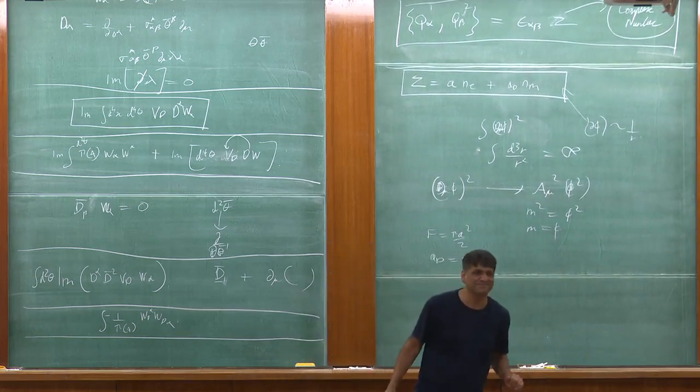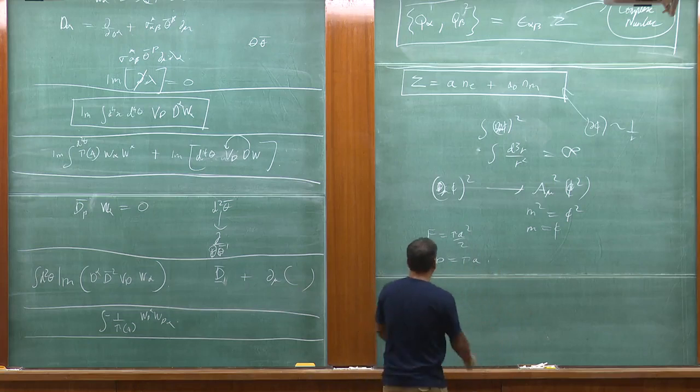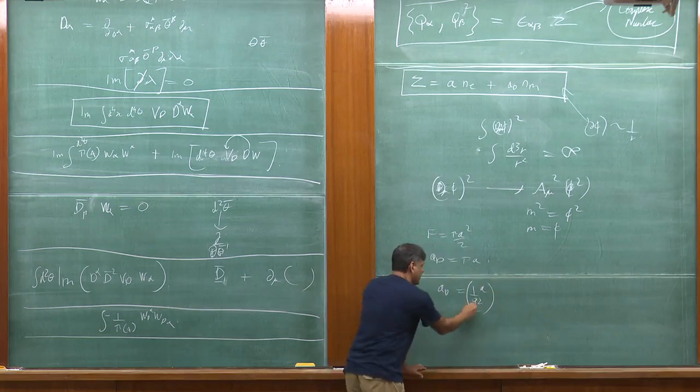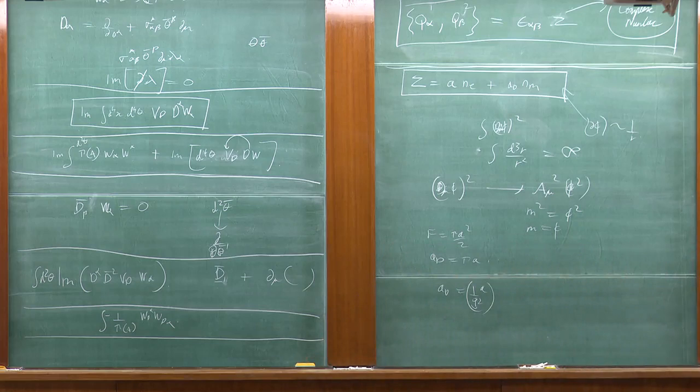Theta is 0. So tau was 1 over g squared times some number. So A_D was equal to 1 over g squared times A. And this again agrees with your semi-classics.